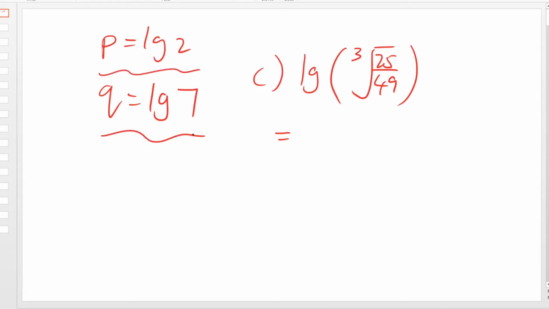The first thing you can do is change this cube root. You can change your cube root to what? 1/3, right? Am I right?